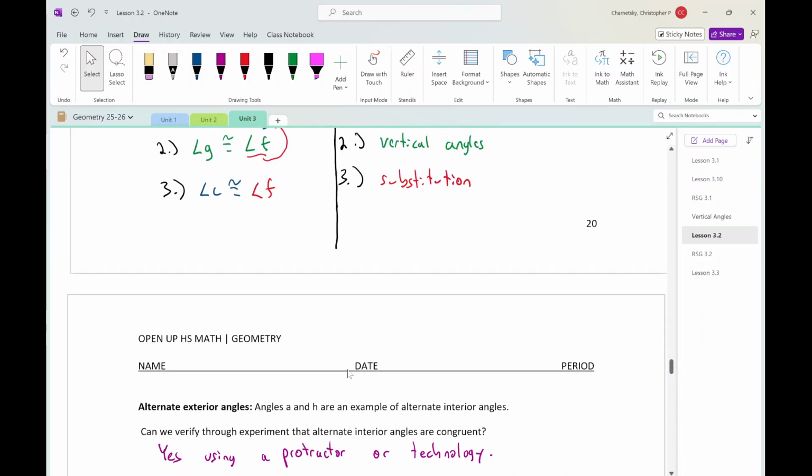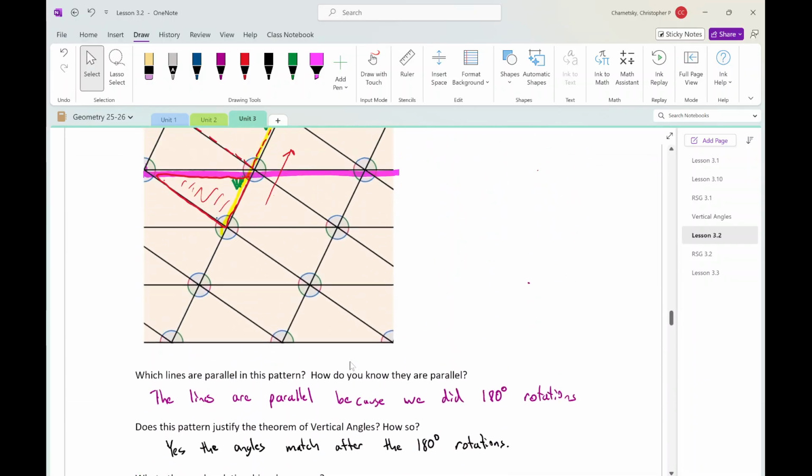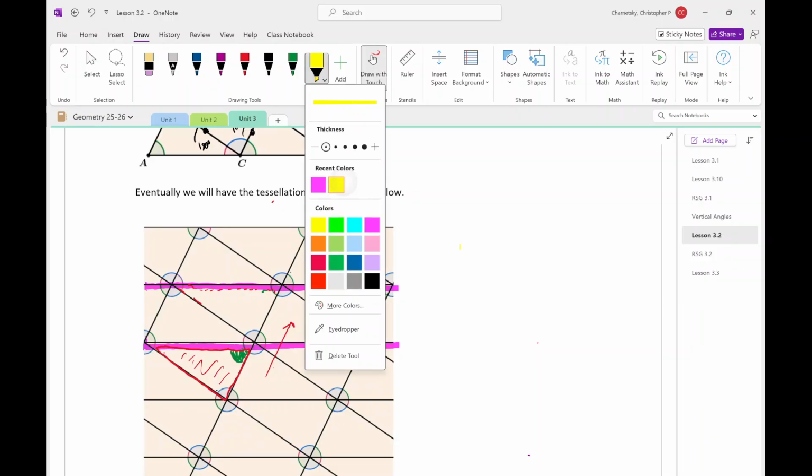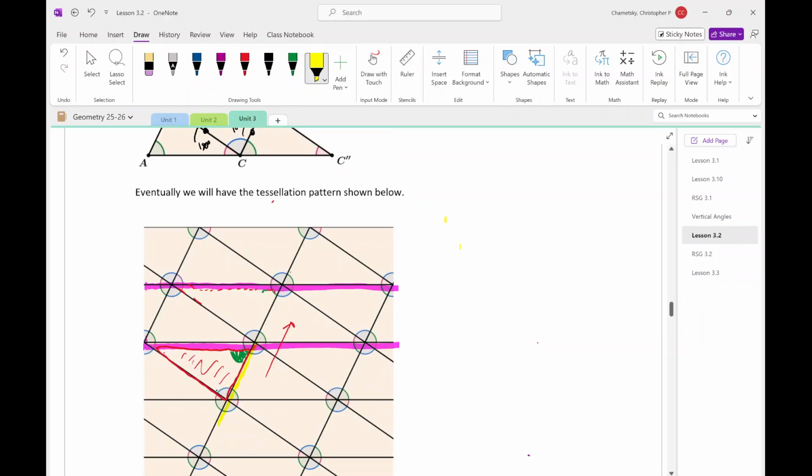So if we look at our tessellation pattern here, imagine we're trying to prove that this green angle, redraw our transversal here. So that green angle and this green angle are congruent, okay, or that they match up.